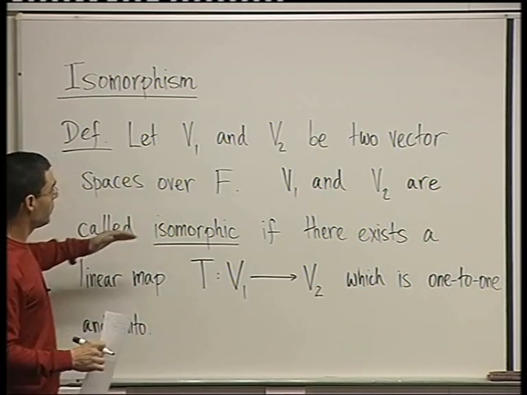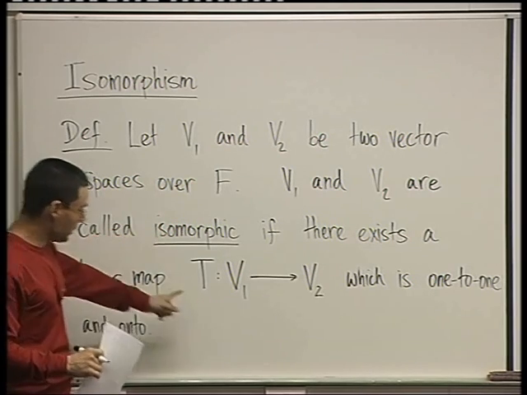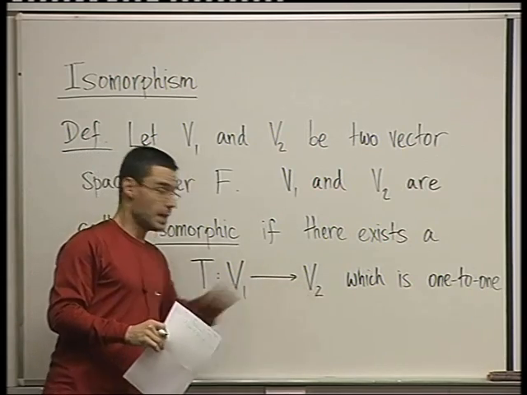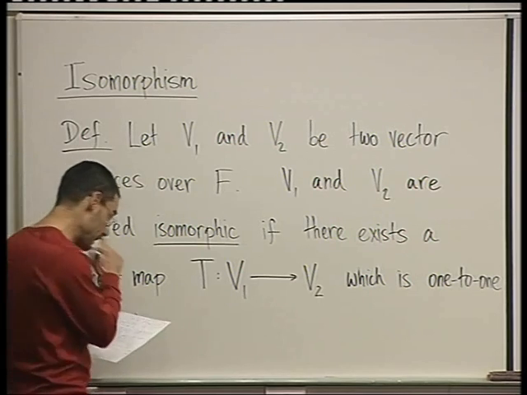So two vector spaces are called isomorphic if there exists a map which is one-to-one and onto between one and the other, a linear map. That's the notion of being isomorphic.